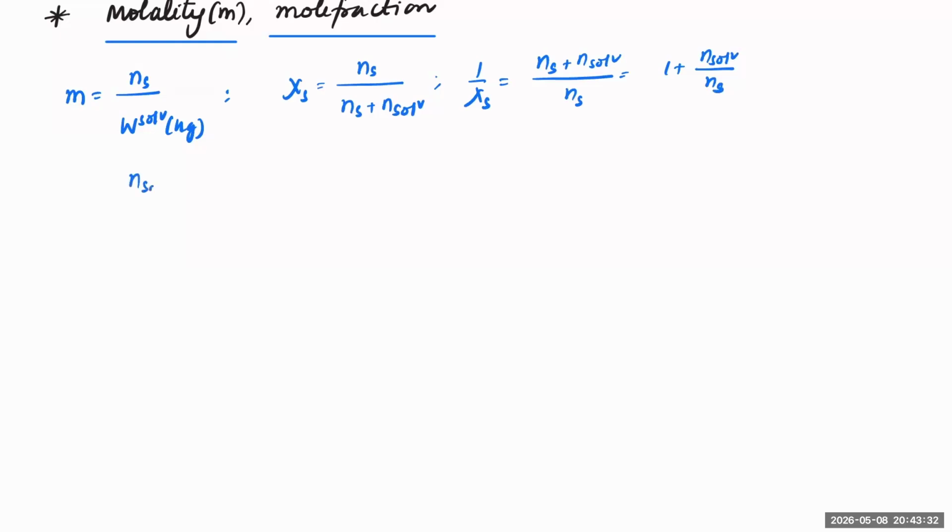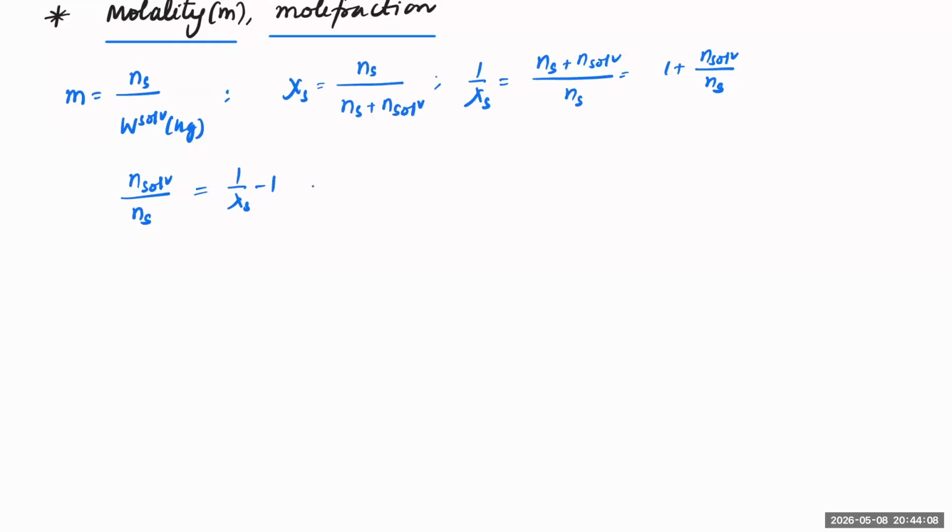So the number of moles of solvent by the number of moles of solute is equal to 1 by xs minus 1.